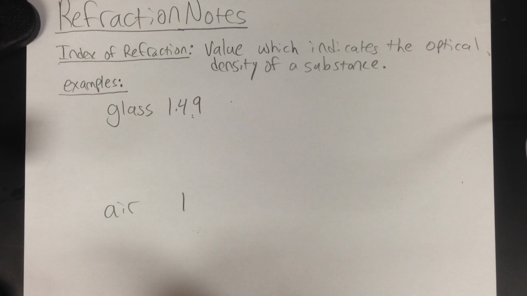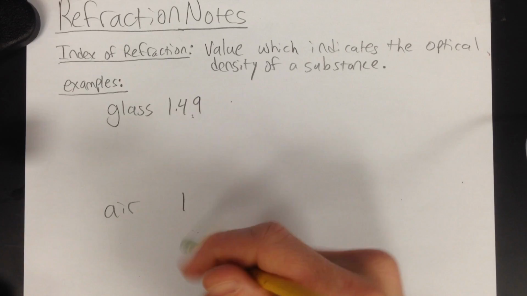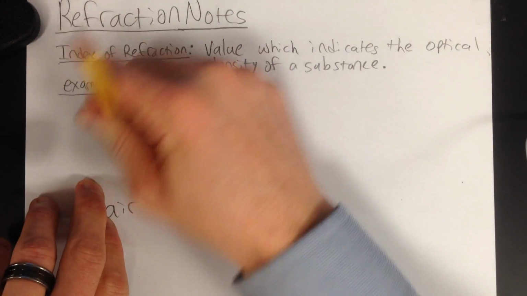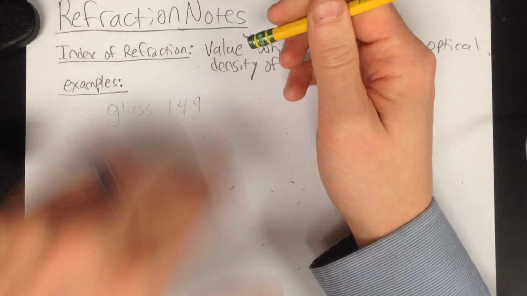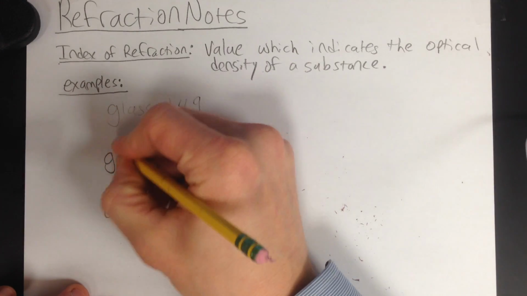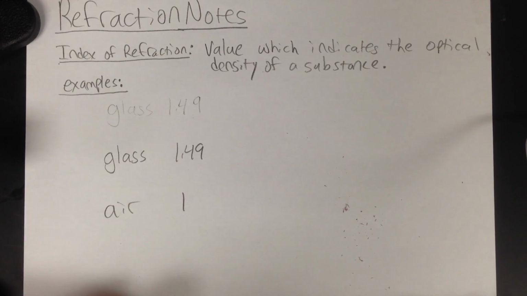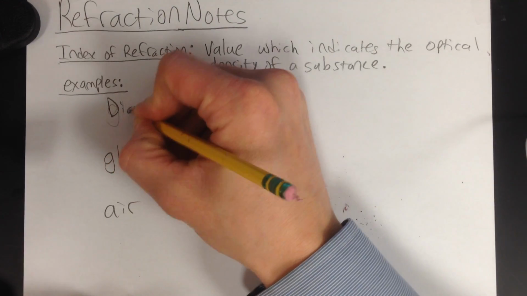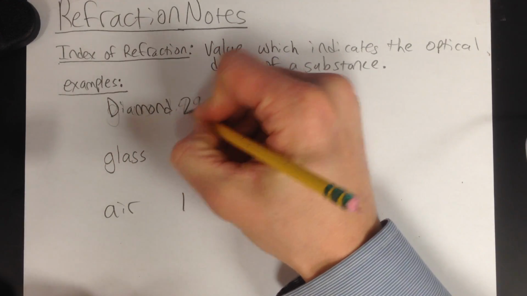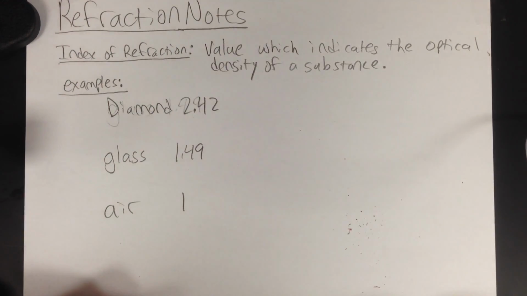Alright, so we'll give you some more examples of index of refraction. I'm going to move glass just down a little bit on the list into the middle here. Glass is 1.49, and some other indexes of refraction are diamond, very dense, 2.42 is an example.